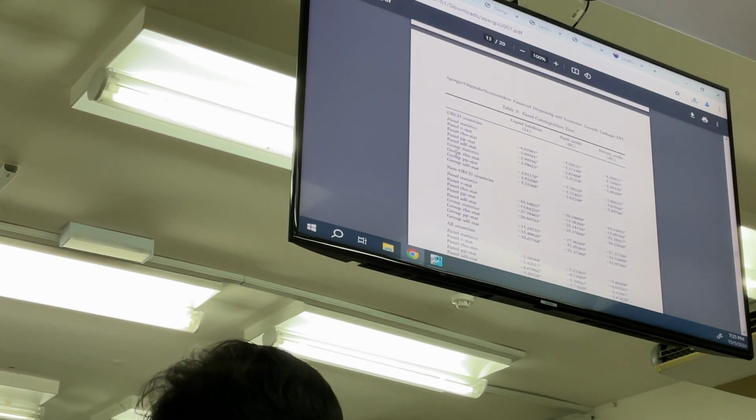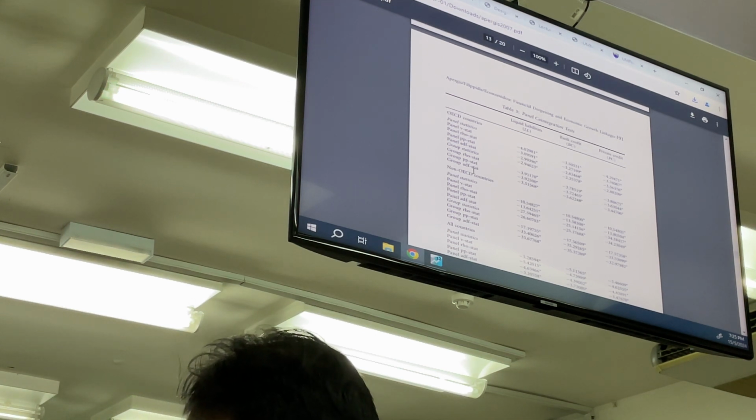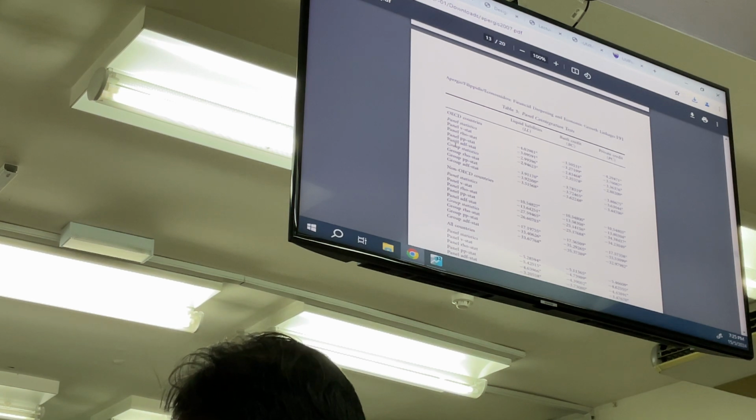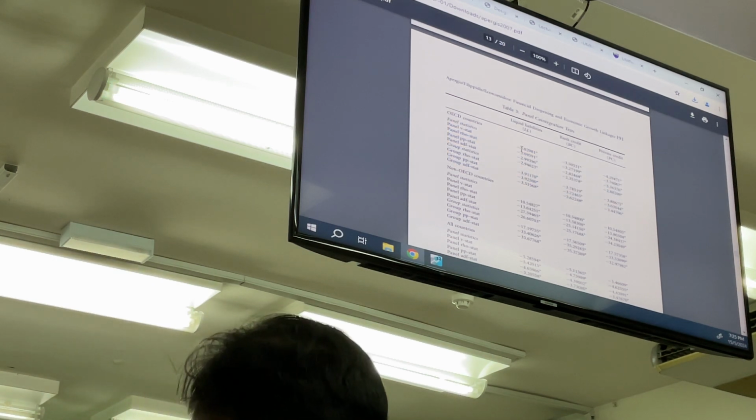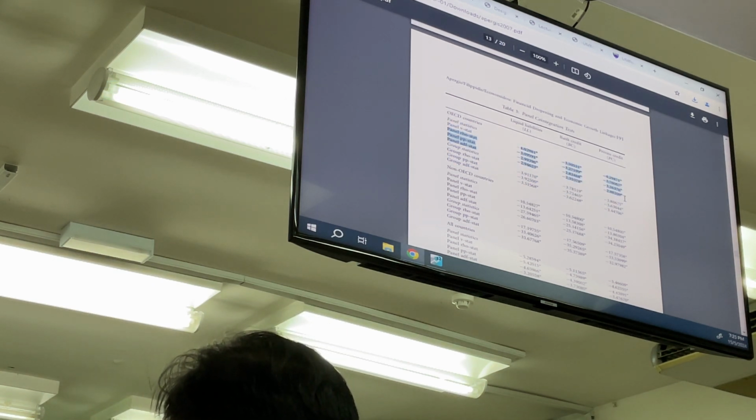Then they will run the panel cointegration test, like report all the 4 plus 3 is 7 test statistics here. They just report the 7 statistics, but not the weighted one. So it shows that all the variables are actually cointegrated in the long run based on these 7 statistics.